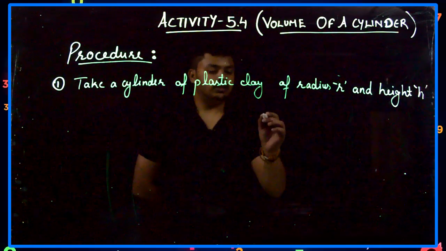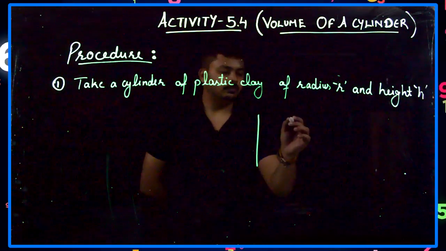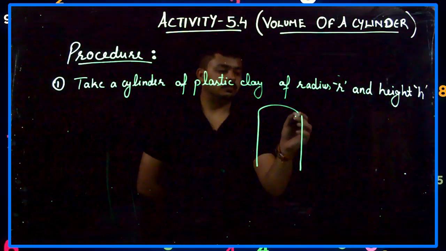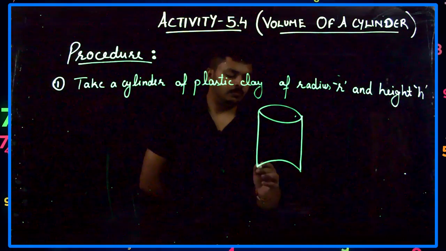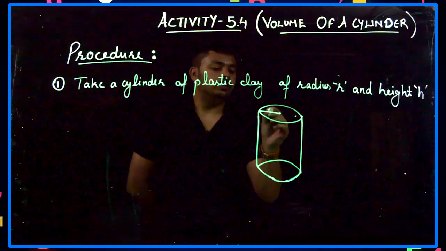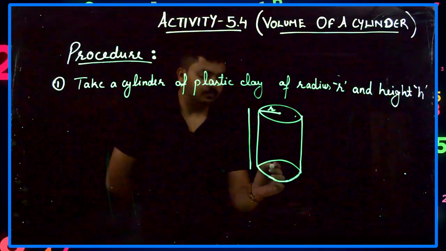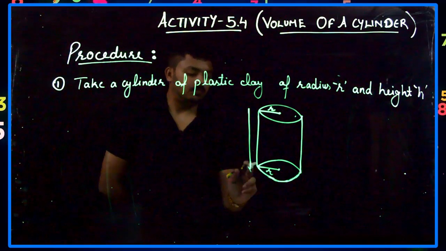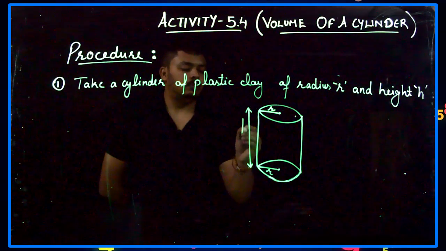So suppose this is our cylinder, and the radius of this cylinder is r, and the height is h.